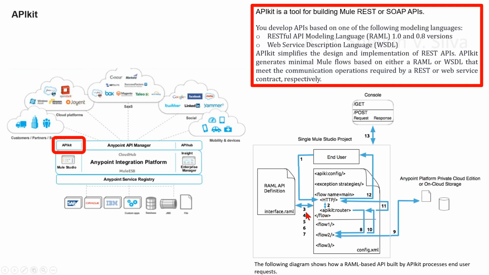In step 3 the router checks with the interface to confirm that the resource action pair exists in the interface. Step 4, here the router checks to see if a body is defined as part of the request.